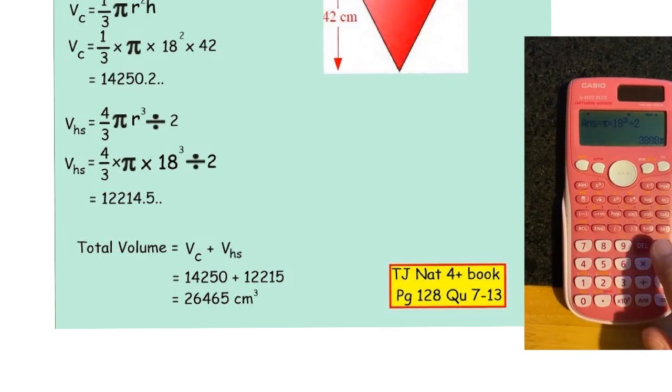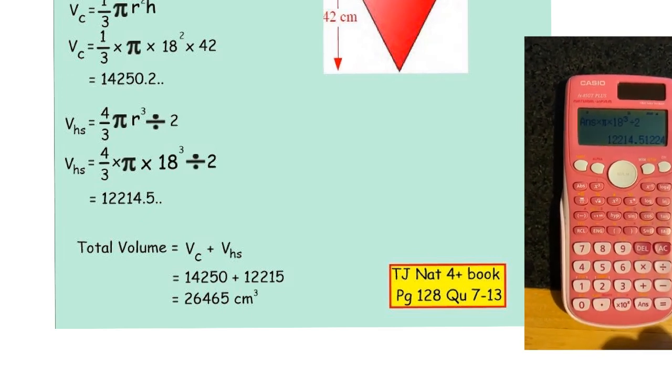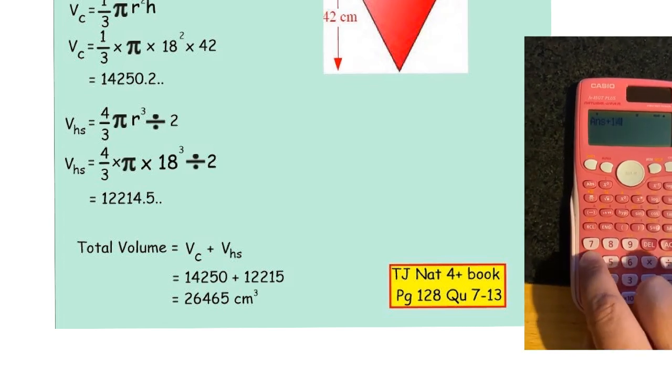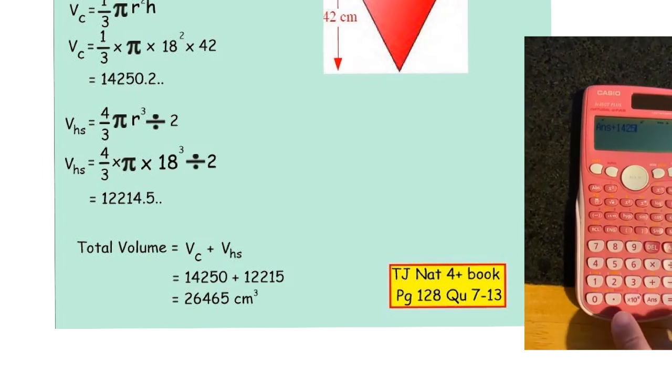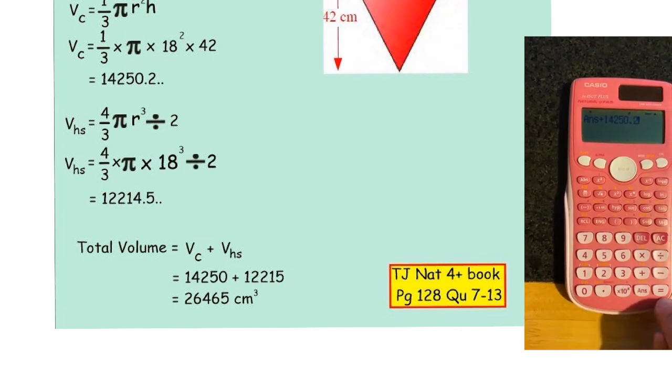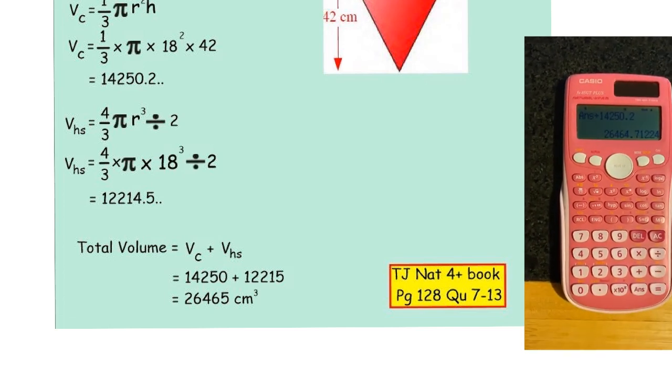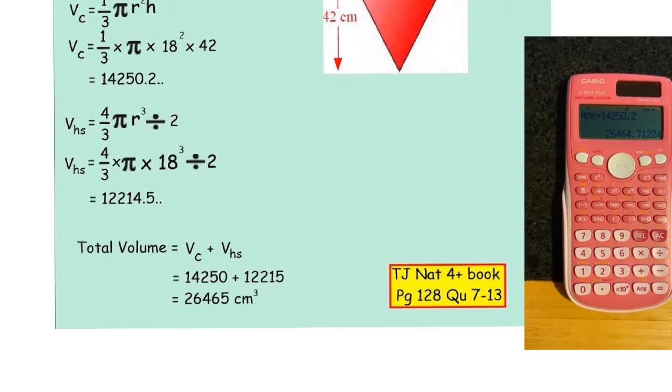Then I've kept that big long answer on the calculator, 12214, blah, blah, blah, and I've just typed plus, and then the answer I got from the first bit, which I wrote down, 14250.2. That maintains your accuracy if you keep the answer on the calculator and just press plus. And you can see my final answer then is 26,465 whenever I added them together, and that's in centimeters cubed, that one.